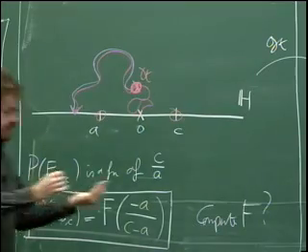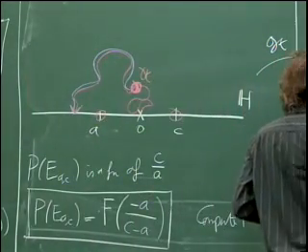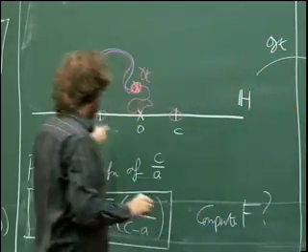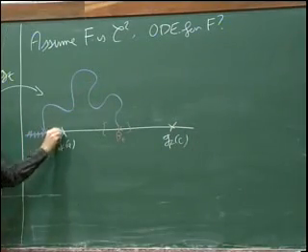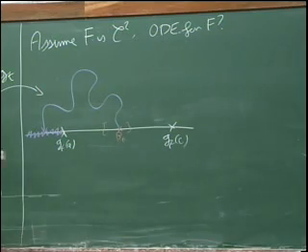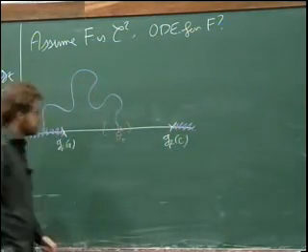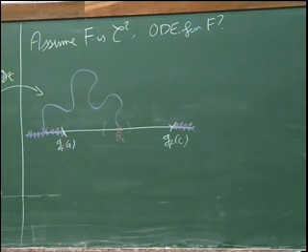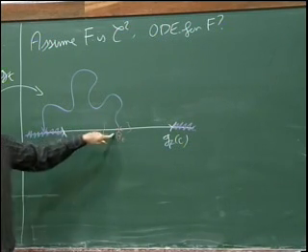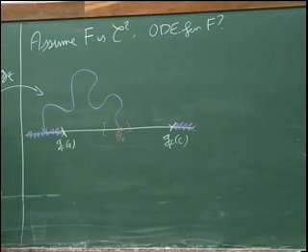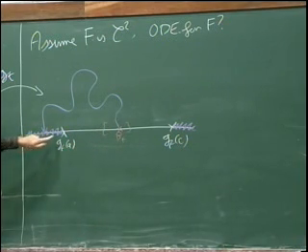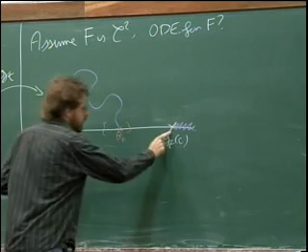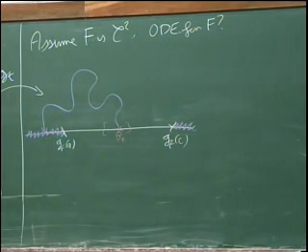If you map the picture, it's the same as saying that the image of the future here touches the image of the left here before the image of the right here, meaning that it has to touch to the left of gt of A before it touches on the right of gt of C. Okay, and then because the SLE has the Markov property, we know that what you have here, if you shift everything back by minus beta t, this is exactly an SLE starting here, and you want to know if it touches to the left of here before it touches to the right of here. But this is the definition of f.